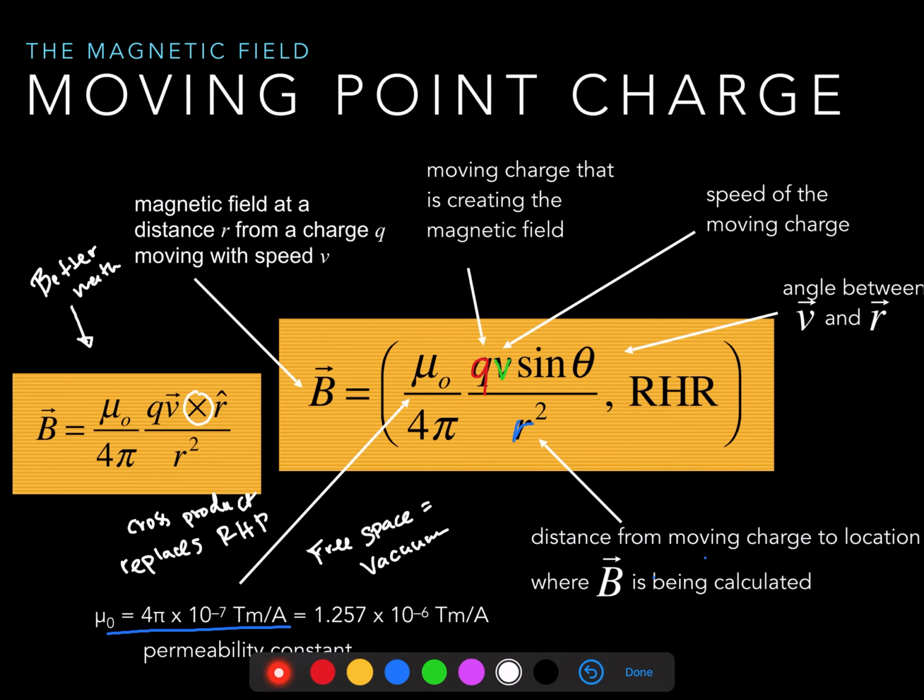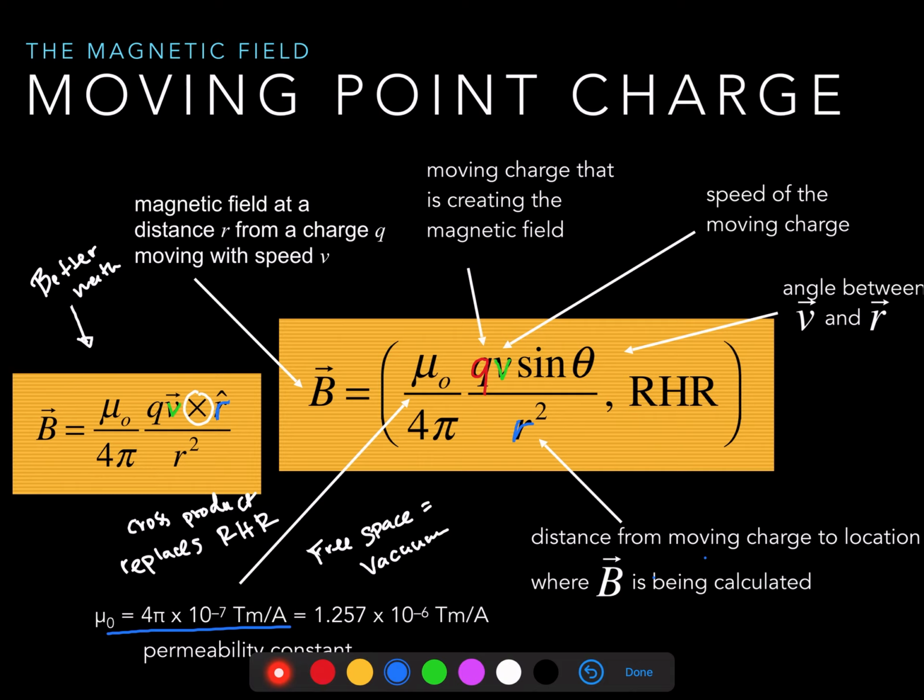Okay, so now let's go through what this is, and we'll talk about it a little more later. But here we have this in terms of vectors. If you do V cross R, what do you get? Well, what is the magnitude of R?